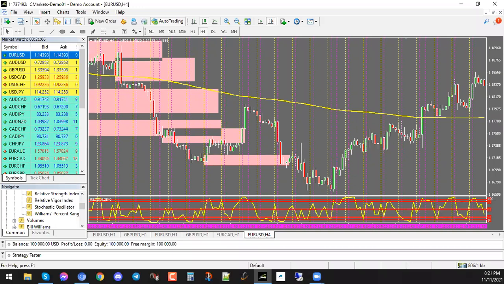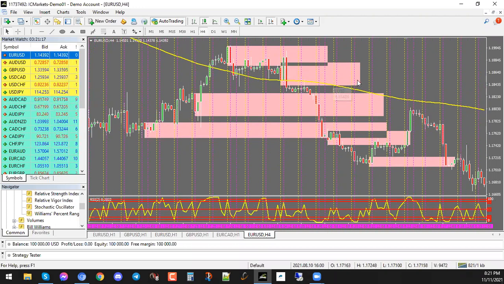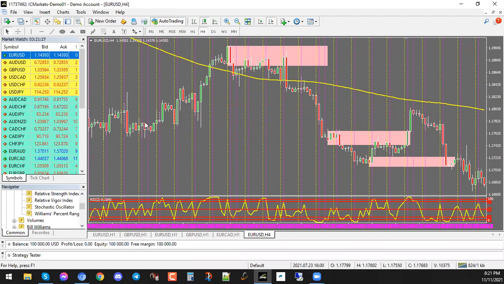Whilst you guys are putting your questions together, let's summarize what an order block is. So if you're looking at your chart, let's remove some of these order blocks. Just want to leave one on. Okay, let's leave this one. So this was the up move, and we're looking for the last up candle before the down move.